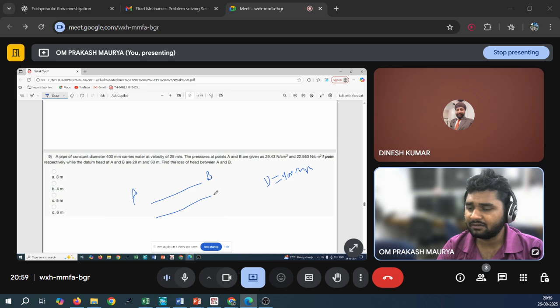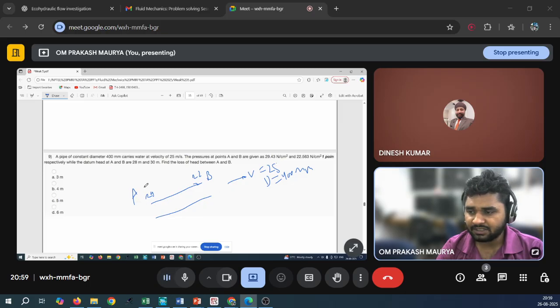If the diameter is the same, the velocity will be the same everywhere, 25 meters per second. The pressure at point A is 29.43 and here it is 22.56 something. So we will apply Bernoulli's equation at points A and B.